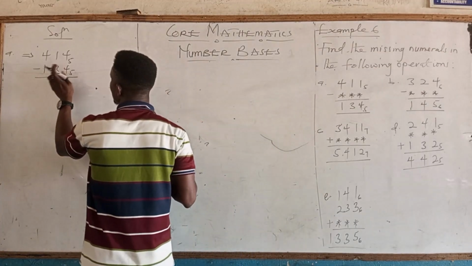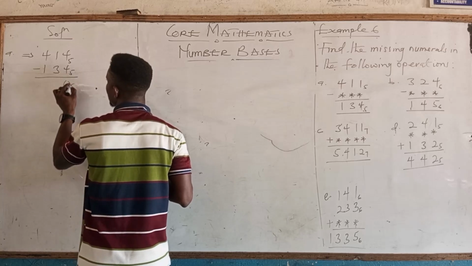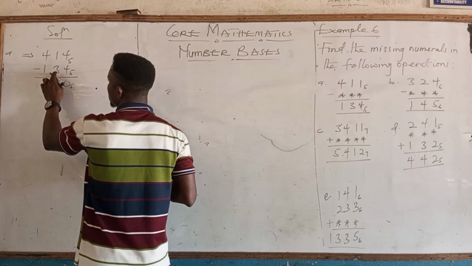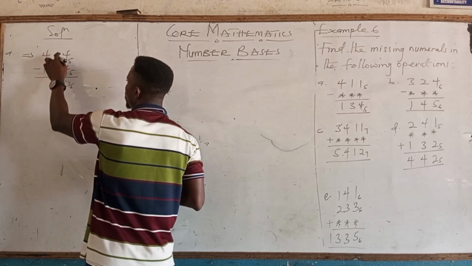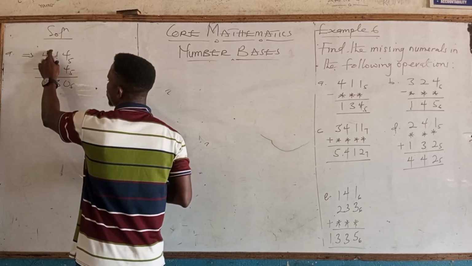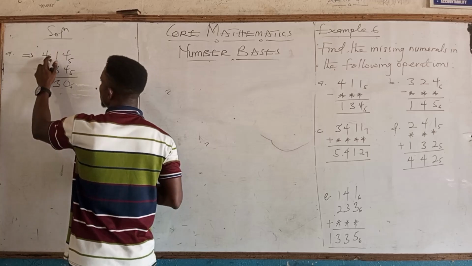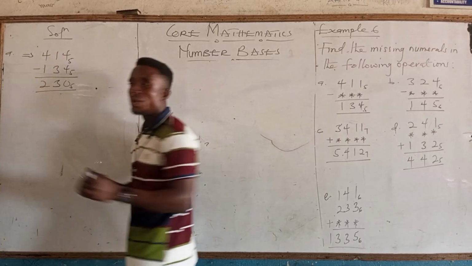So subtracting this one from this one is 0. So base 5. Then this one minus this, it can be borrowing 1. We are in base 5, so it will be 5 plus 1 is 6. 6 minus 3 is 3. Then here is left with 3. Then when we subtract 1 from it, we get 2. Are we getting it?